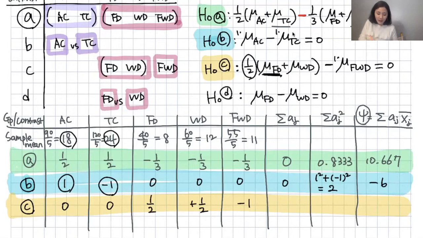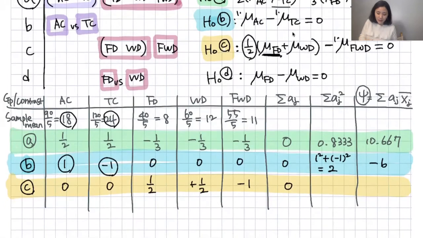So if I add 1/2 plus 1/2 minus 1, that is 0. And if I square them and then add up, which is 1/2 squared plus 1/2 squared plus -1 squared, that is 1.5.